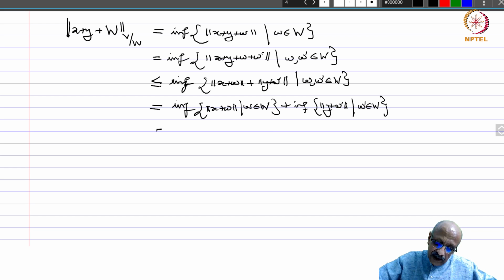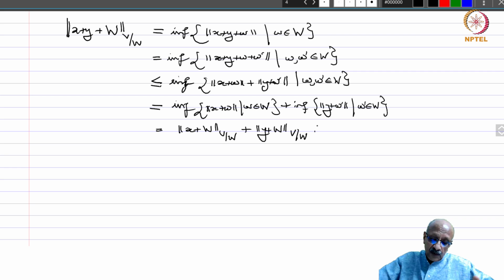But then this is nothing but the norm of x plus w in V by W plus the norm of y plus w in V by W. And therefore we have shown that the triangle inequality is satisfied.